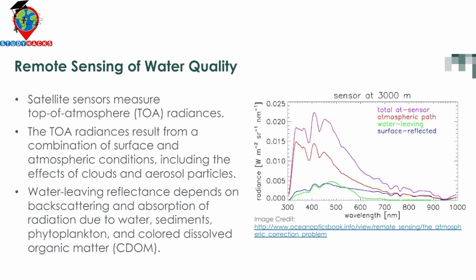When you want to work with water, suppose I want to check the reflectance data in a water body, it depends on the backscattering and absorption of radiation due to the water, sediment, phytoplankton, and colored dissolved organic matter. So that's why, whenever I use satellite imagery, whether Landsat or Sentinel, we are always using top of atmosphere, not surface reflectance.